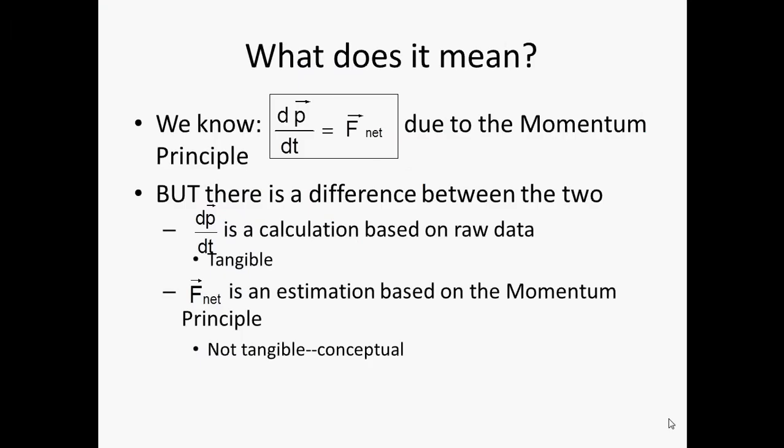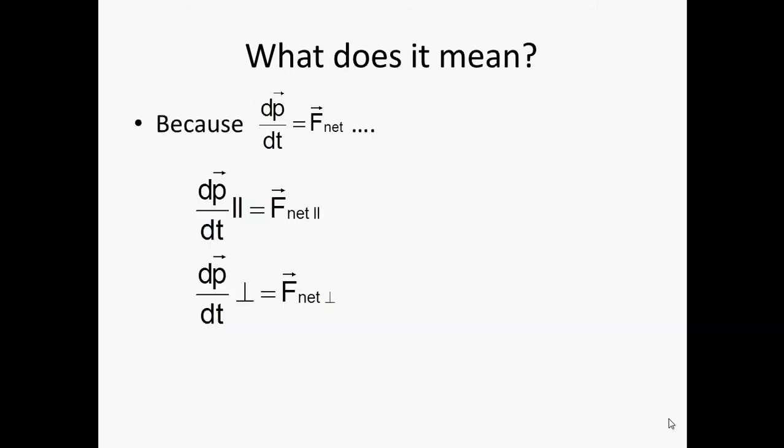So what does it mean? We know that due to the momentum principle, dp/dt is equal to the net force. But it's important to remember that there is a difference between the two. dp/dt is a calculation based on concrete data, so it's tangible, whereas the net force is an estimation based on the momentum principle. It's more of a conceptual value, it's not actually tangible.